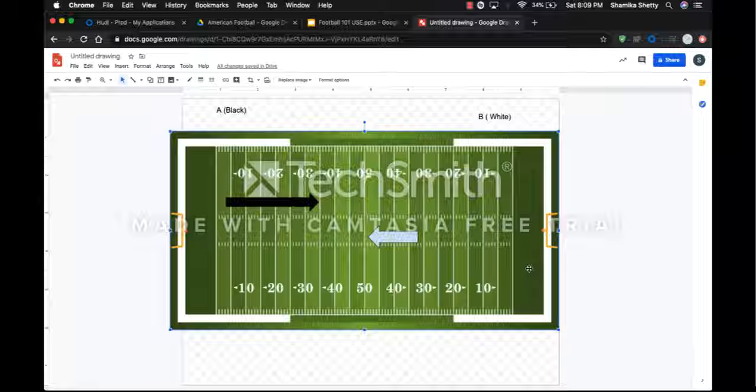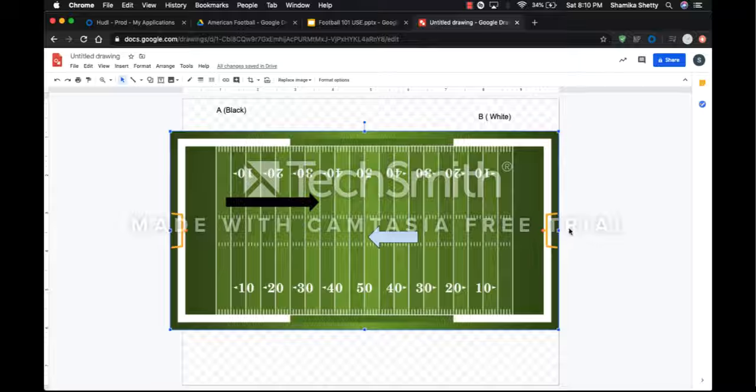The first one is the extra point. For that, they have to stand on the positive 3-yard line. For Team A, if this is the end zone, this is the positive area, that is after 50. So positive 3 will come here. This is their positive 3. They stand here, usually in the center, and from this plus 3, they have to kick the ball across this goalpost.